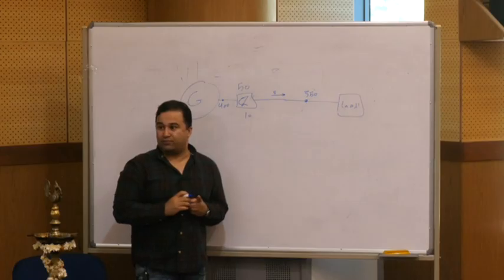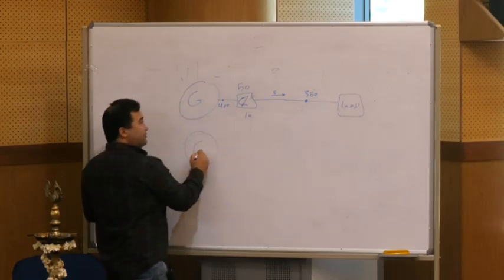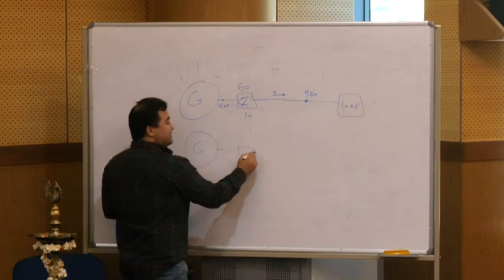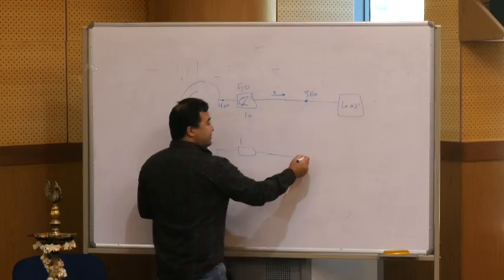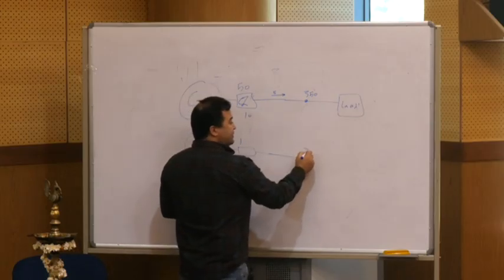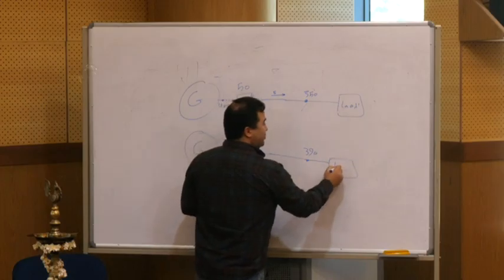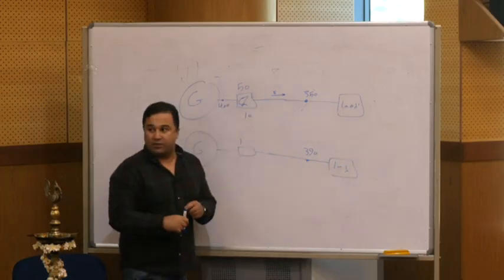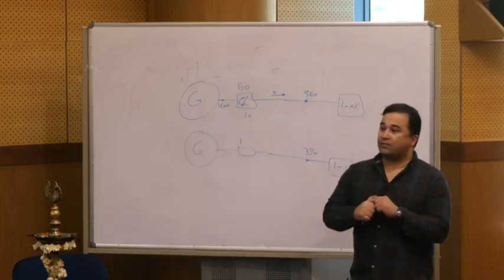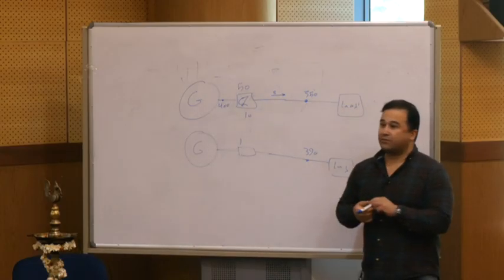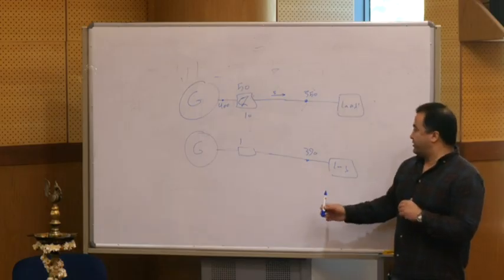Is it true? So now we have a similar grid, where Z is 1, and this is 390, and this is the load. Okay? Which grid is better? 390, yeah? Why?